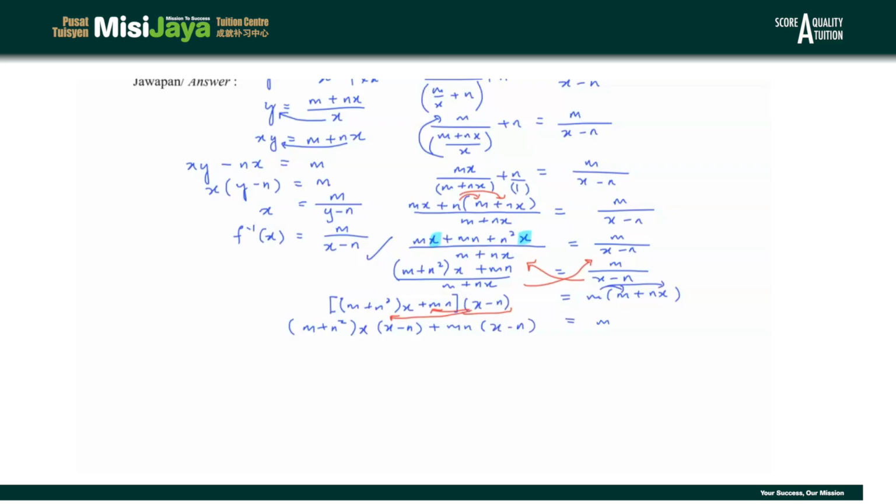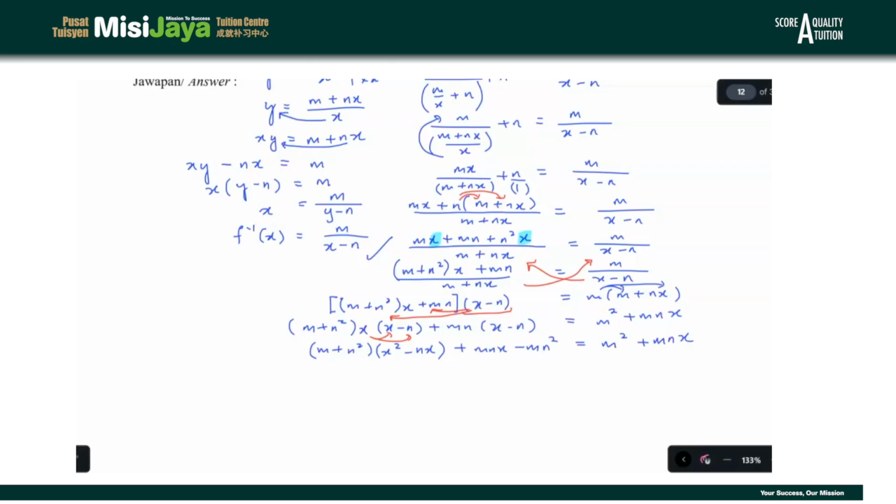this one, expand the bracket. So you get m squared plus mnx. Next I'm going to multiply this one, one by one. So it becomes m plus n squared, and then x squared minus nx, then plus mnx minus mn squared equals m squared plus mnx. Then after that, I'm going to expand.